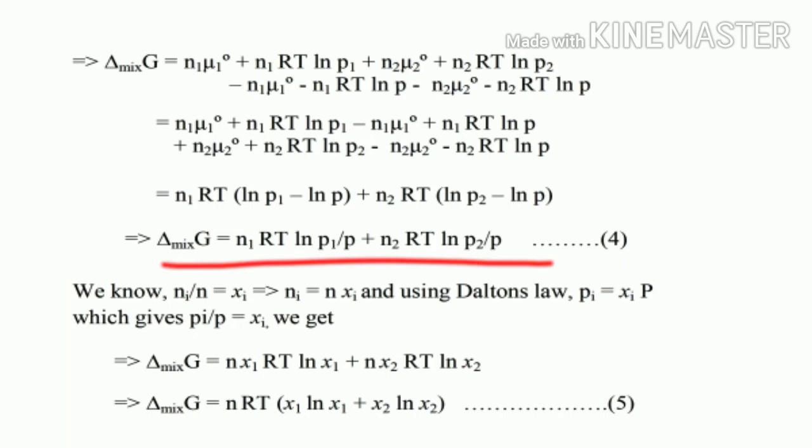This implies del G mix equal to N1 RT ln p1 by P plus N2 RT ln p2 by P. Give it equation number 4.